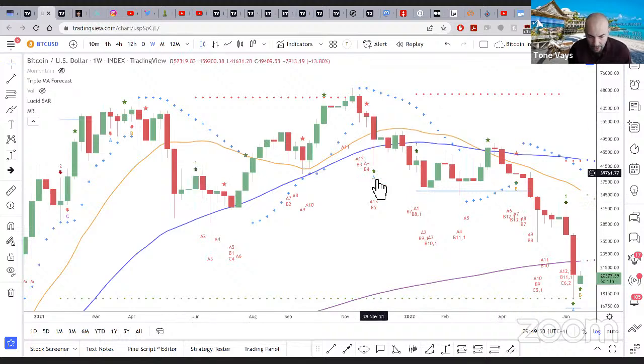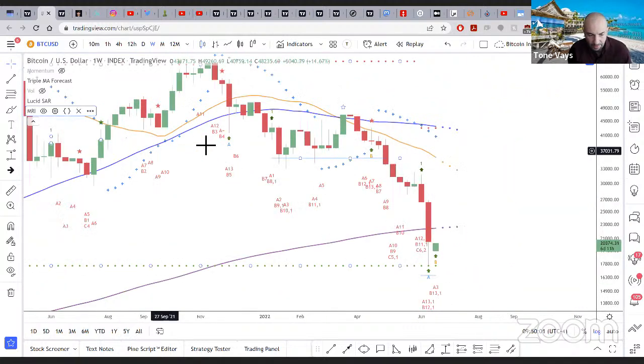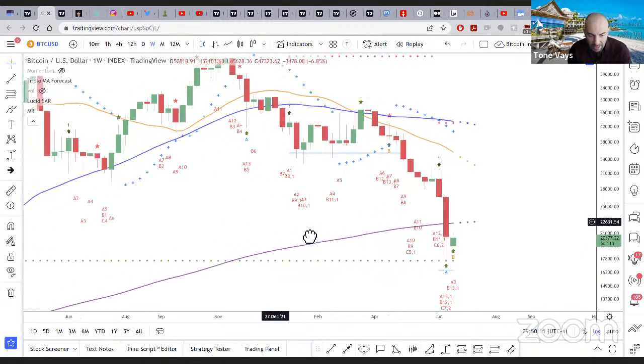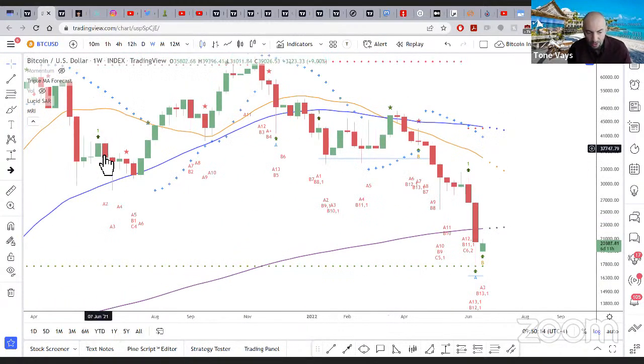So we cleared A, we cleared B. We never cleared C. Then we had another MRI buy right here. We've cleared its extension A, we've cleared its extension B, but we still have not cleared the extension C from the original MRI buy right there.